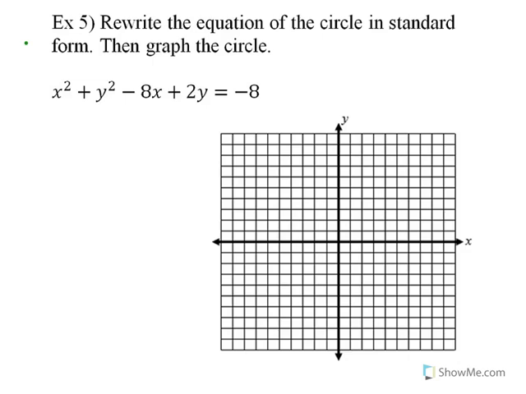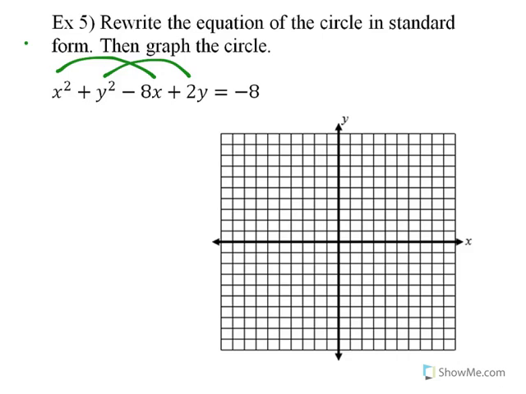Example 5 says rewrite the equation of the circle in standard form. So here's the deal. When we are doing something like this, we are doing something called completing the square, and this is a little bit of review for you guys. When you complete the square, what you do is you put all your x's together and all your y's together, and if you have any numbers that don't have variables, move them to the other side.